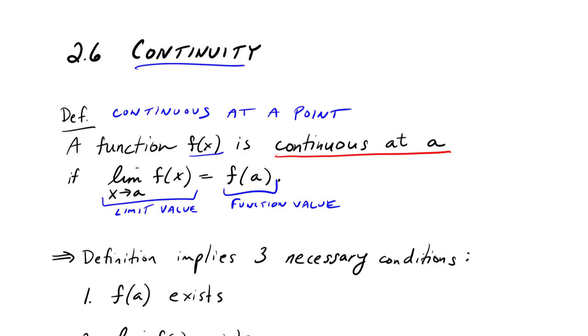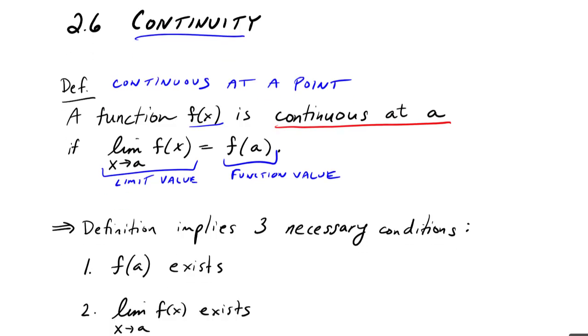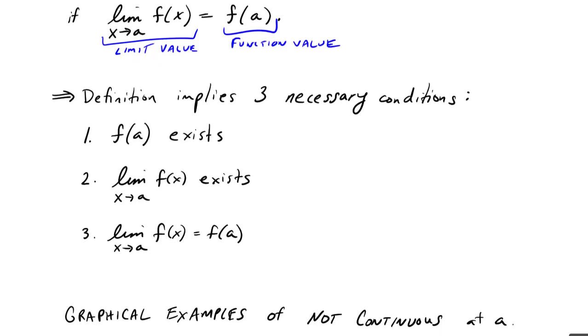Now it's easier to look at this as breaking it down into all the things that have to be required. So let's look further at that definition. Basically, that definition implies three necessary conditions. Okay.